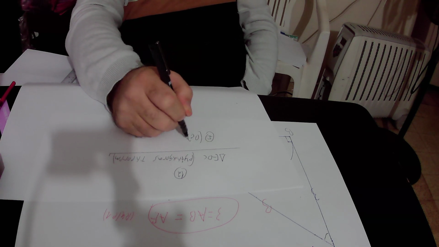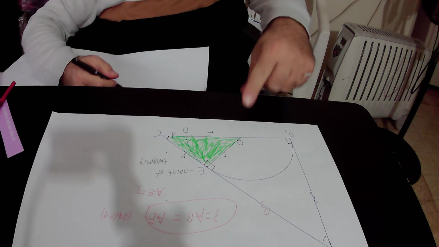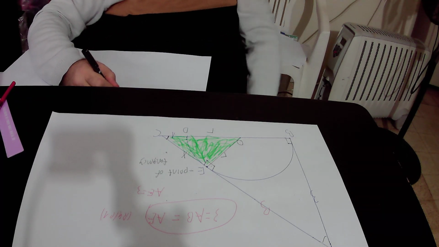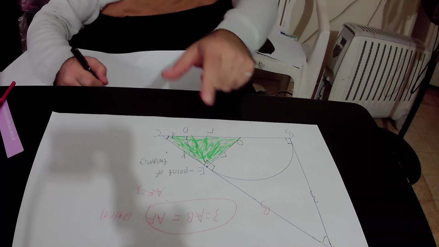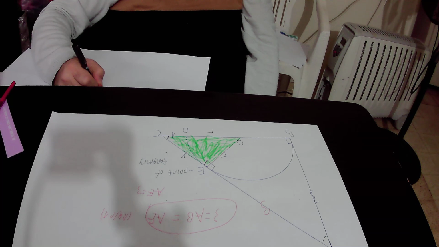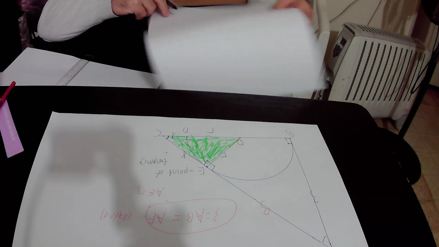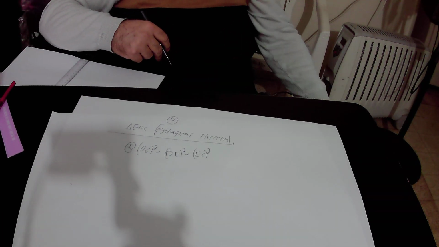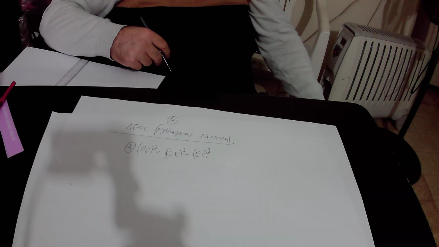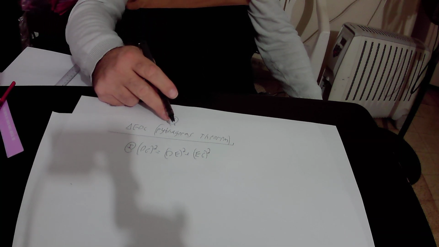OC squared equals the sum of the squares of the perpendiculars, which is OE squared plus EC squared.